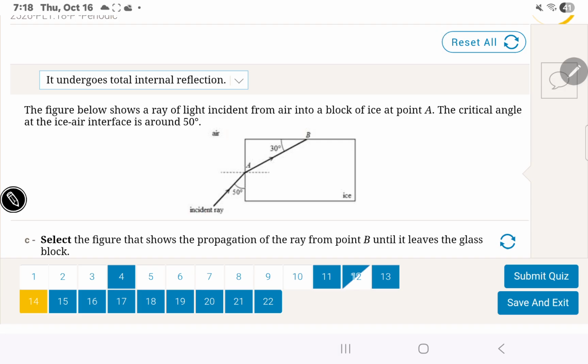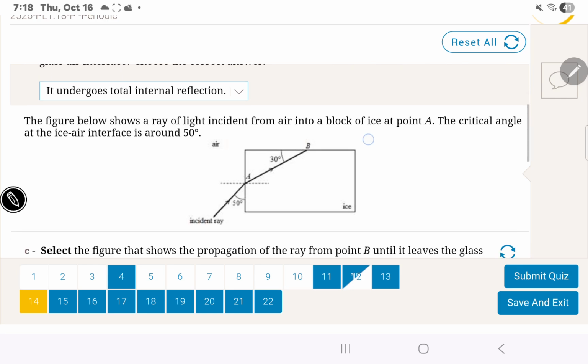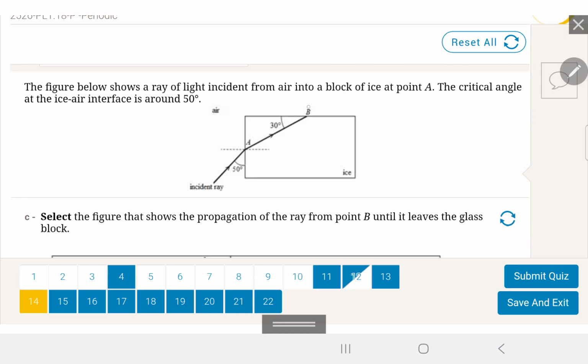We are told that the critical angle is 50. Now here we draw the normal, and this angle must be 60 because the normal makes an angle of 90 with the surface. This comes at an angle of 60, greater than 50, the critical angle. It will do total internal reflection. So like this, total internal reflection.